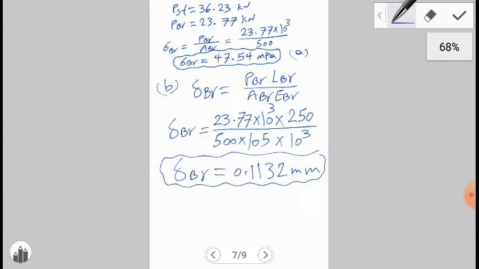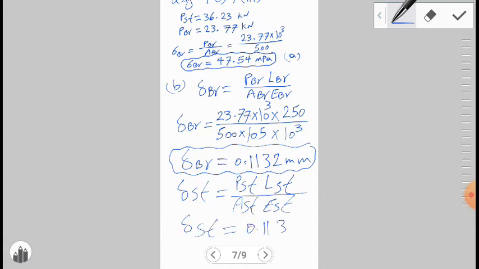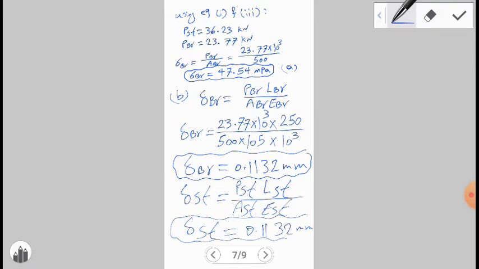If you find, for example, the delta steel, with P steel, L steel, A steel, E steel, you can find exactly the same answer. Here is the answer of section B.